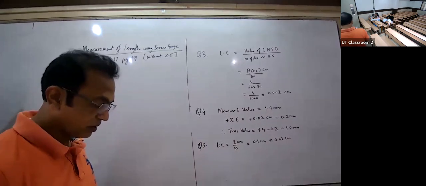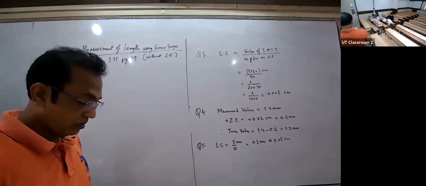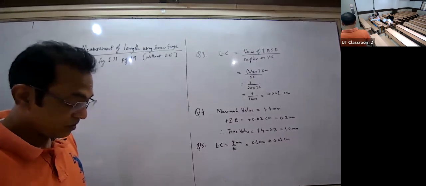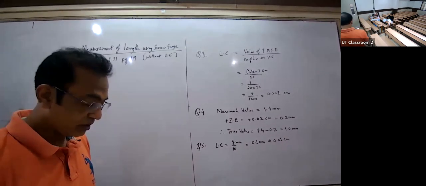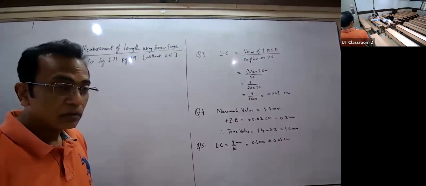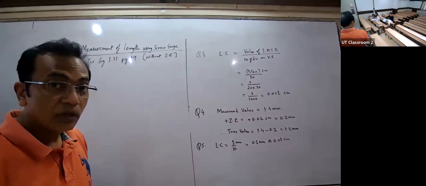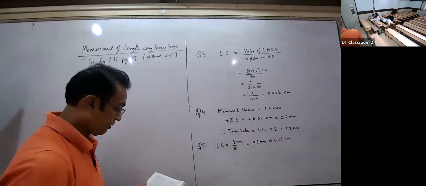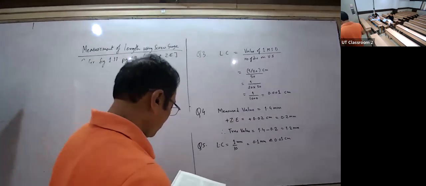As per the given data, when the two jaws are in contact, the zero of vernier scale is ahead of zero of main scale. So it is positive or negative? Positive, because it is on the right side, right? So it is positive zero.